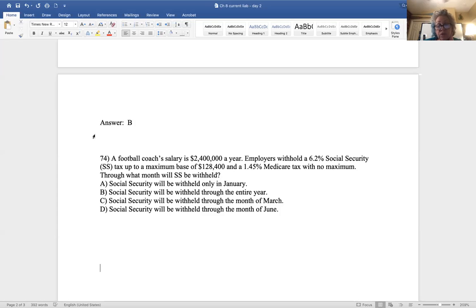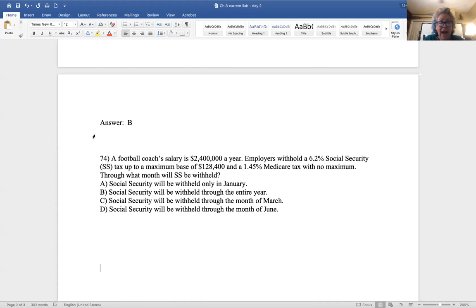How much Social Security tax would be withheld from the check, and how much Medicare tax would be withheld? And these are the current rates. That's where that 7.65 comes from: 6.2% goes to Social Security and 1.45% goes to Medicare. So that 7.65% that we talked about.